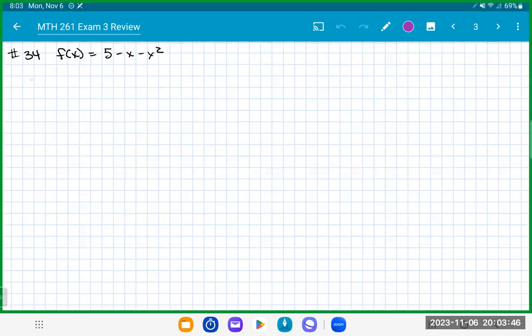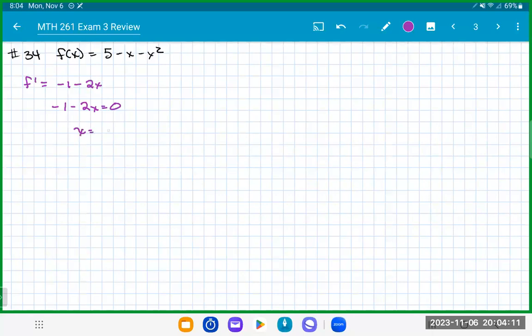So taking the derivative first, we have f prime is equal to -1 minus 2x. So we can set that equal to 0 because our function is differentiable there. So we have -1 minus 2x equal to 0.